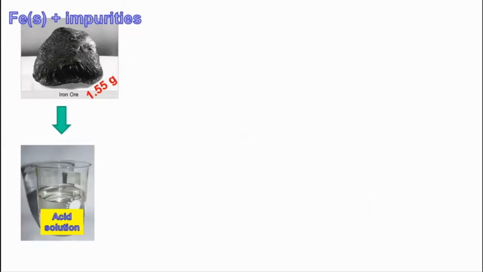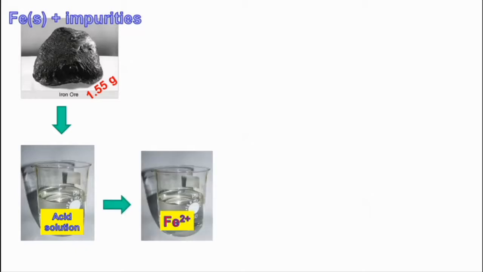That's why, if we want to extract the iron from this sample, the iron ore must be dissolved in an acid solution. So iron in the iron ore sample will be dissolved in this acid solution to produce iron 2 plus ion, or iron 2 ion.